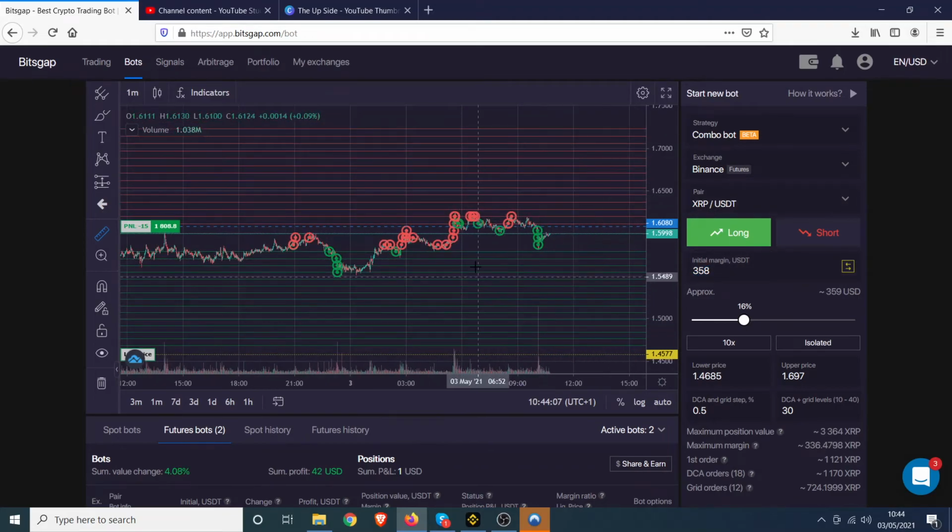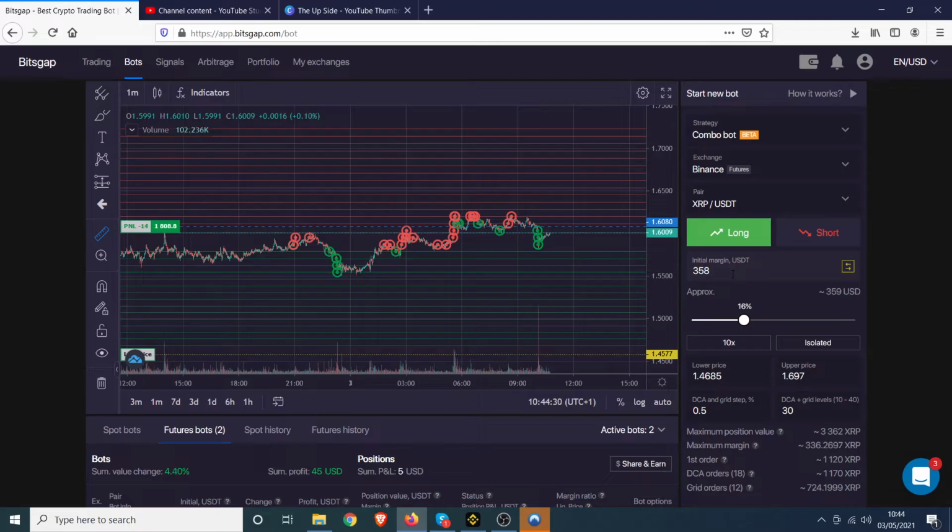But if it goes down, it's not like just owning XRP that's worth less. You're actually losing money here, to the point where you could lose it to zero, because Binance are nice in the way that they lend you the money, but not nice enough to let you lose their money. If this goes down to your liquidation point, where you have lost $358, the trade would be closed.